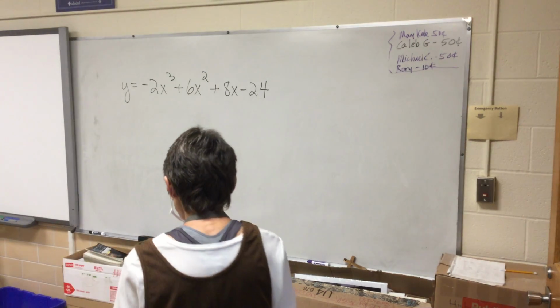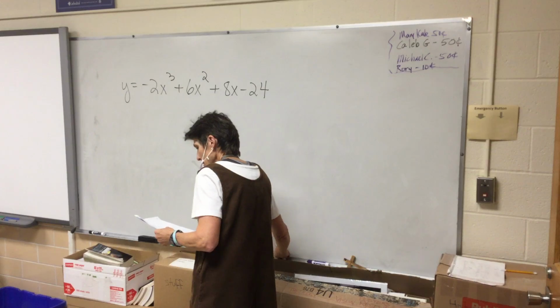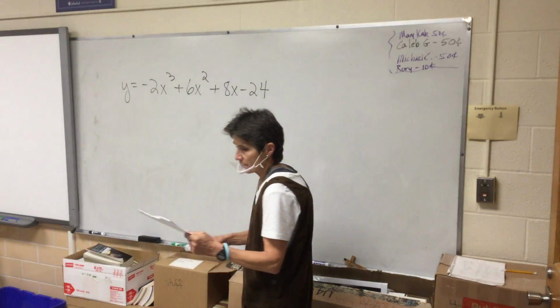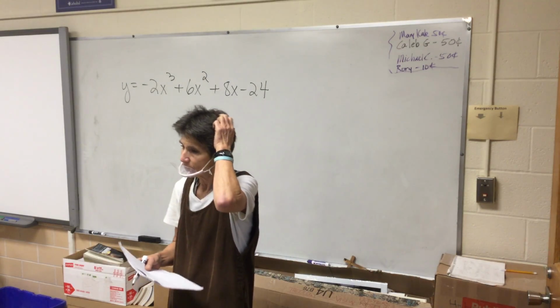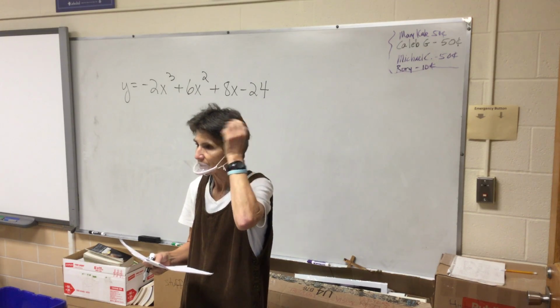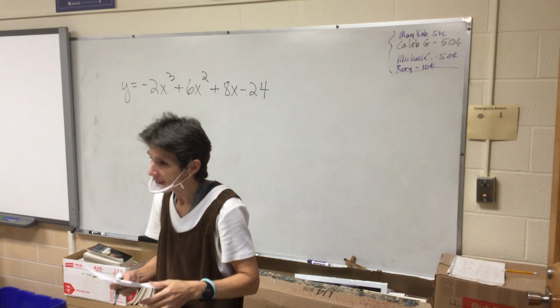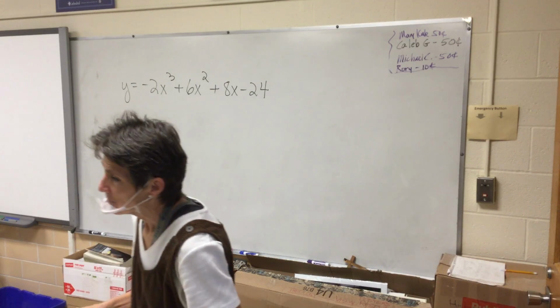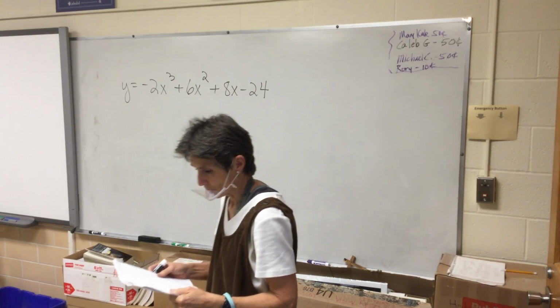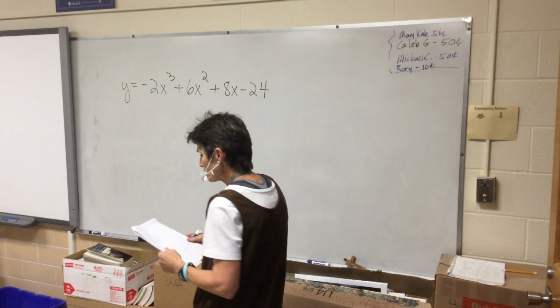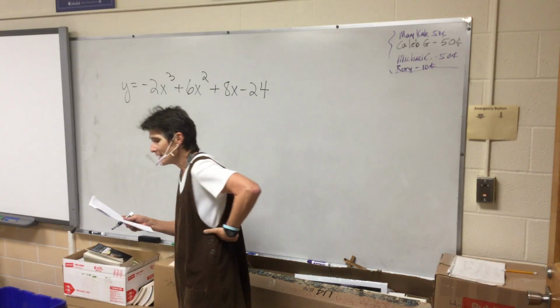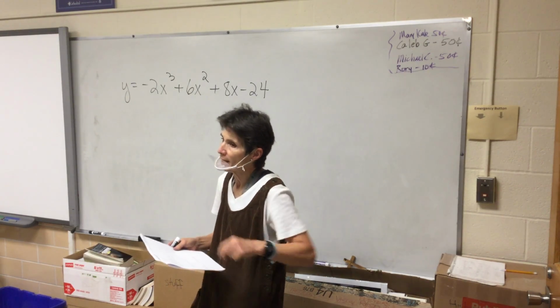So, number 3, we're on page 6 of our notes, right where we left off. We're gonna come back and get those. But first, we got one more thing to do. Number 3 says, find the remainder in 2 ways.